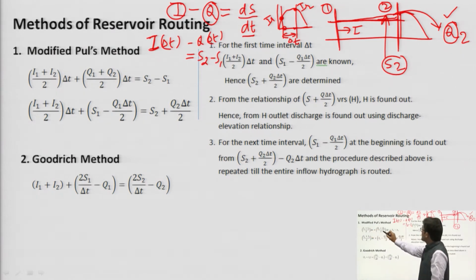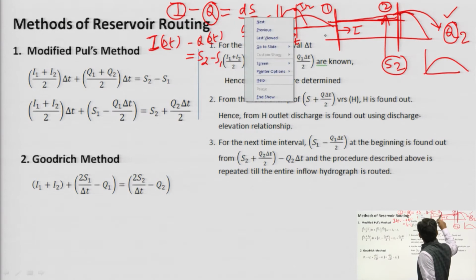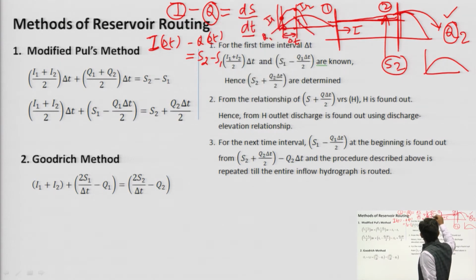Similarly for outflow, this is Q1 and this is Q2, and we take the average, (Q1 plus Q2) by 2 into delta t.